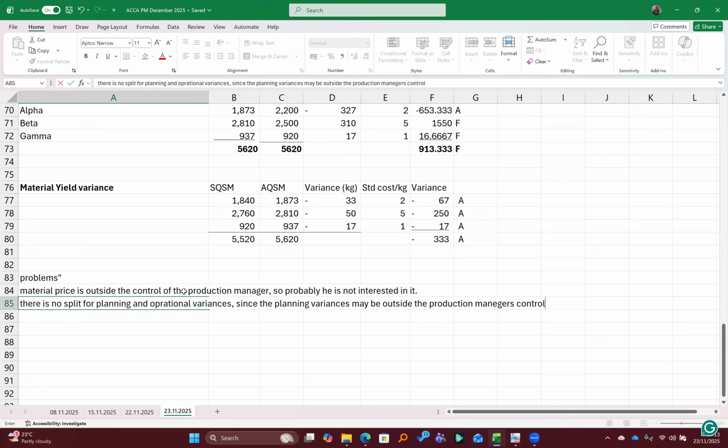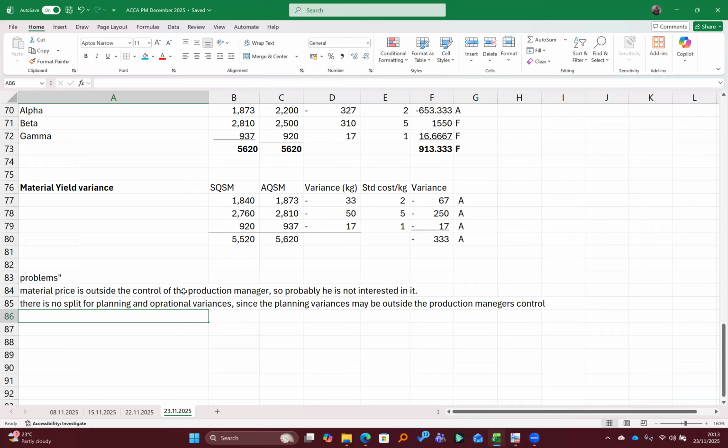So this is another problem. They're not splitting the variances for materials into planning and operational variances. So it means that they are basically judging the production manager on everything without splitting between what he can control and what he cannot control.